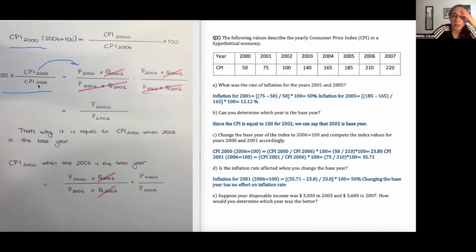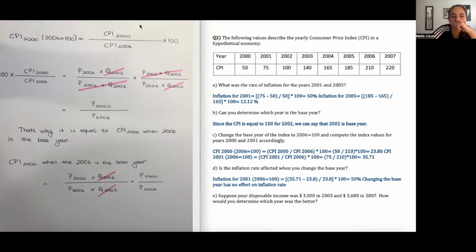And CPI of 2006 when the base year is 2002 will be equal to prices of the goods in 2006 times quantity of the goods in 2002 divided by prices of the goods in 2002 times quantity of the goods in 2002, and we divide them by each other, and this quantity of the goods in 2002 will cancel out. Why? If you don't understand, let me show you like this.